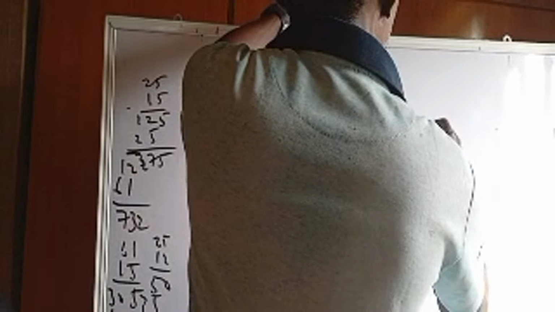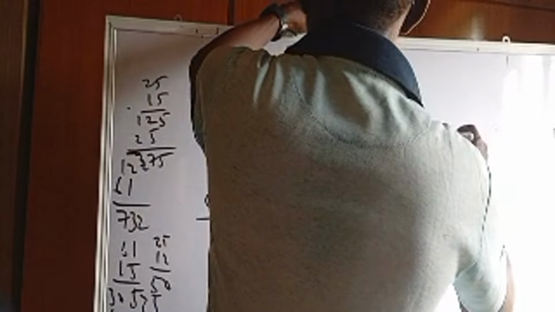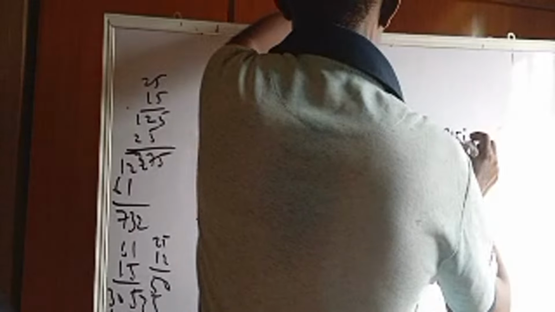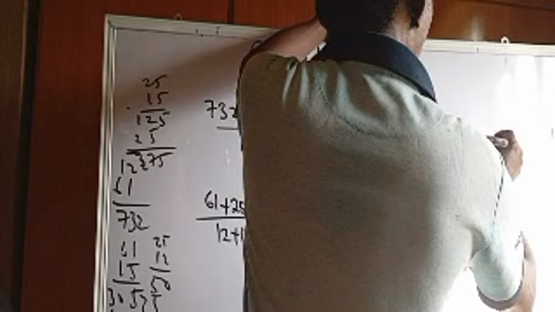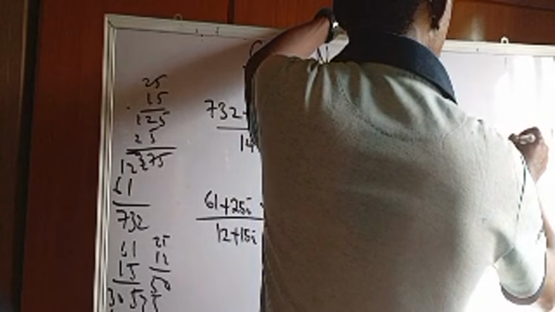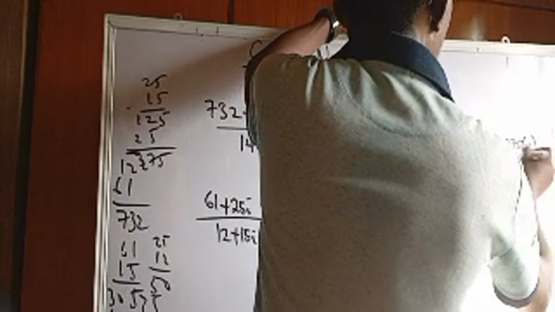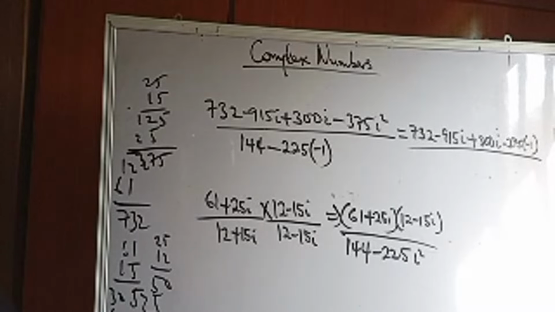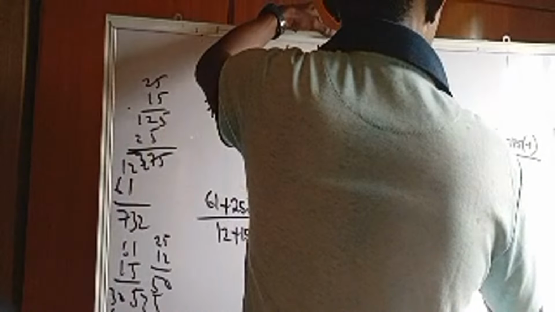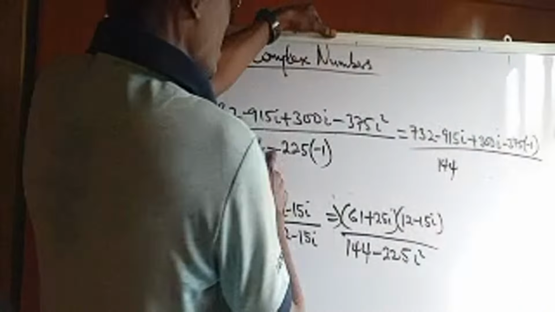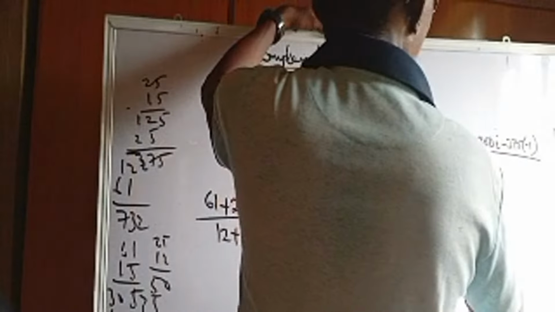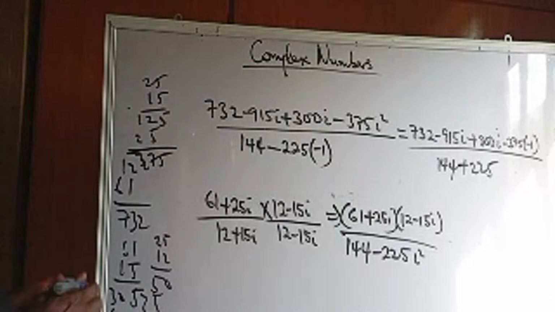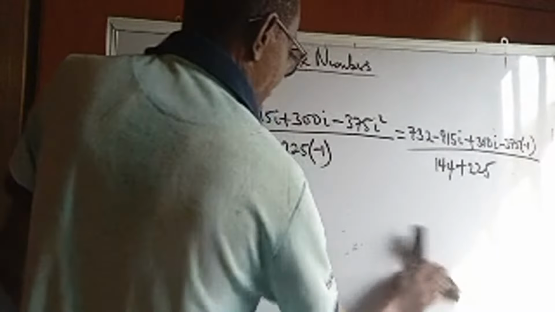No. Okay, let's write it out. 732 minus 915i, then plus 300i, then minus 375 times minus 1, because our i squared is minus 1. Okay, so all over 144, then minus 225 times minus 1 plus 225. Okay, yes. Are we following?